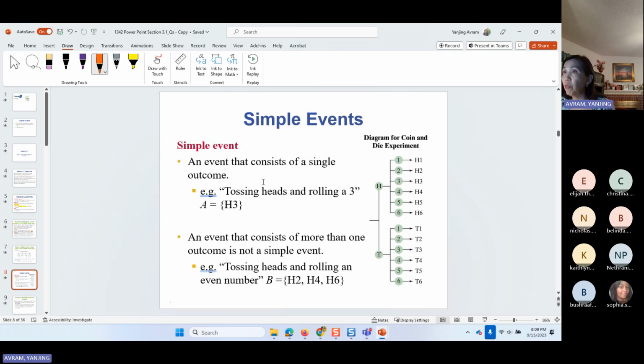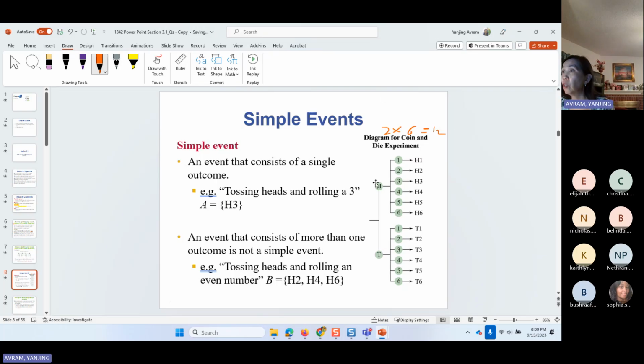So if you look at this one right here, tossing a coin and a die. So the coin here, you have 2 outcomes. You have a head or tail, right? And then each die has 6 outcomes. So basically, you have 2 times 6. You're going to have 12 outcomes.